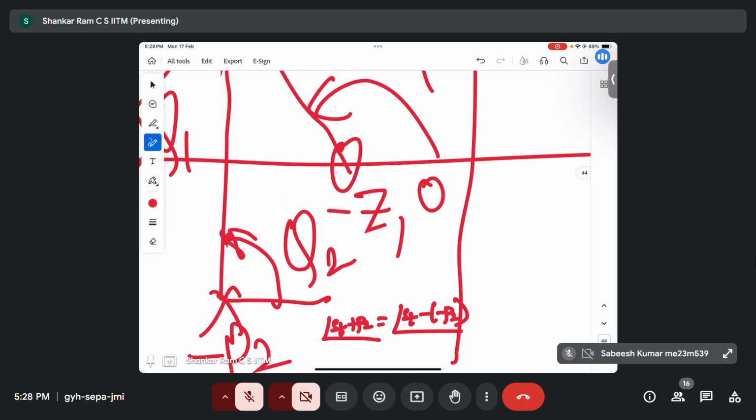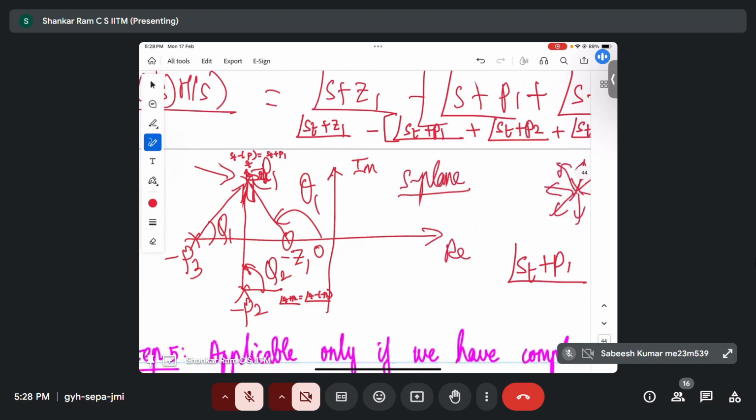And what is the vector drawn from minus P2 to ST? It is this vector, correct? Because ST is very close to minus P1, it is almost the same as drawing a vector from minus P2 to minus P1. I hope you're getting the answer to your question, Vikas.